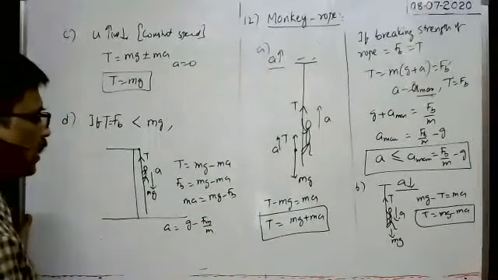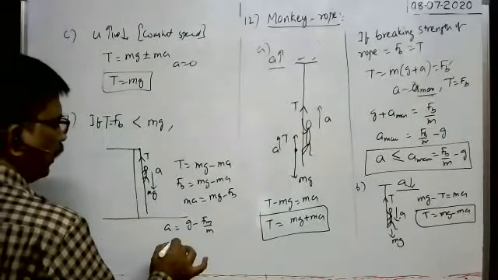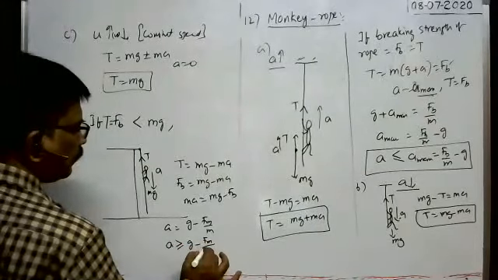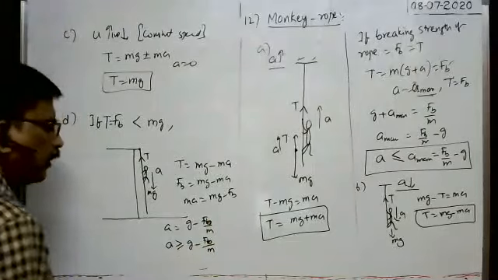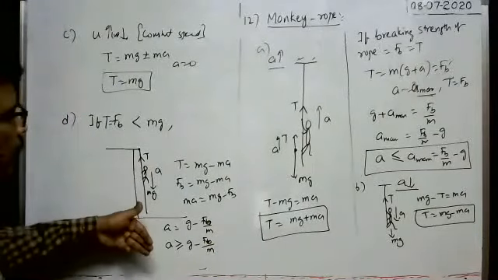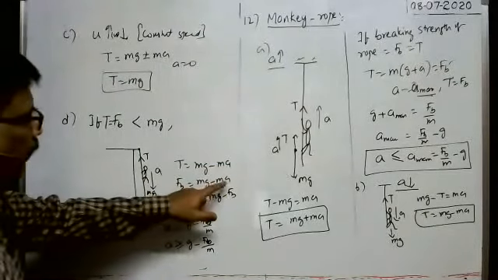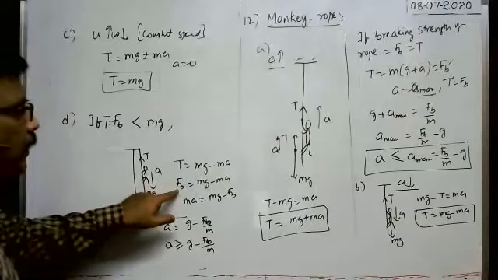So what is the condition? The acceleration may be greater than or equal to g minus Fb by m. Whenever the acceleration becomes greater, the tension developed in the rope is less than Fb.